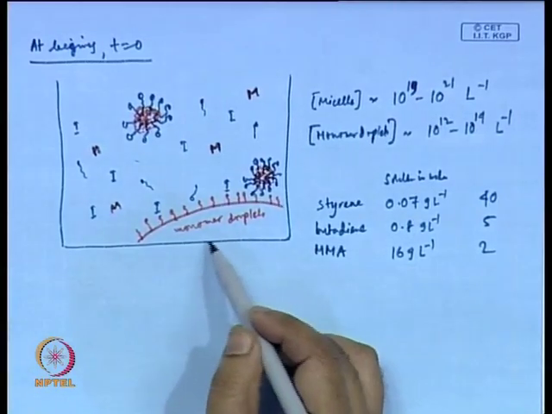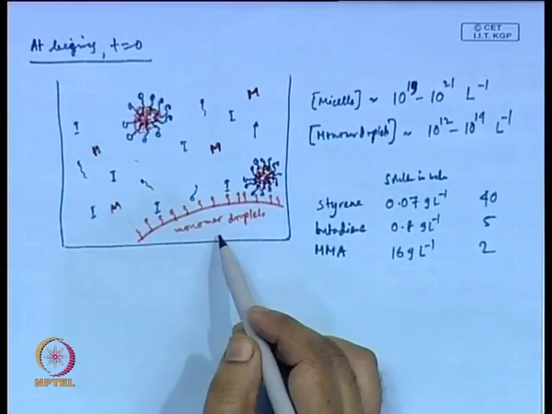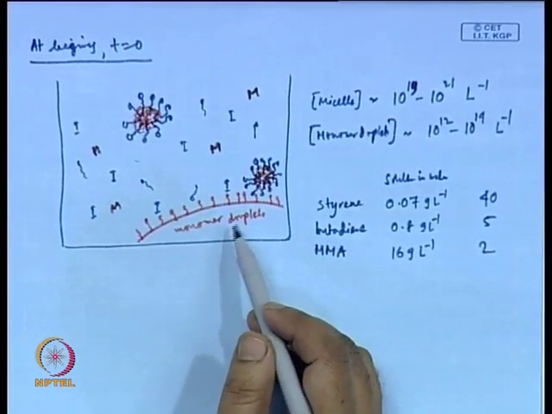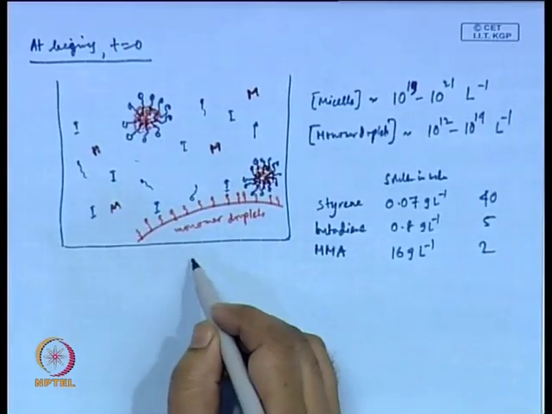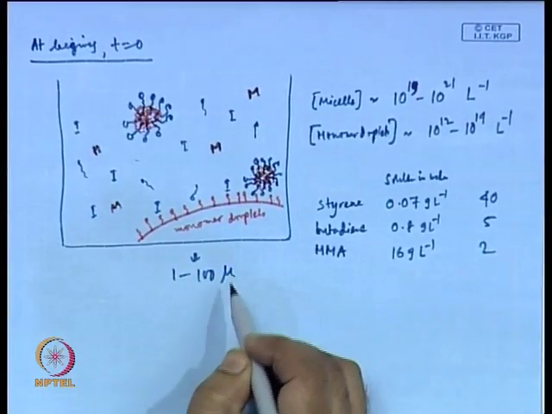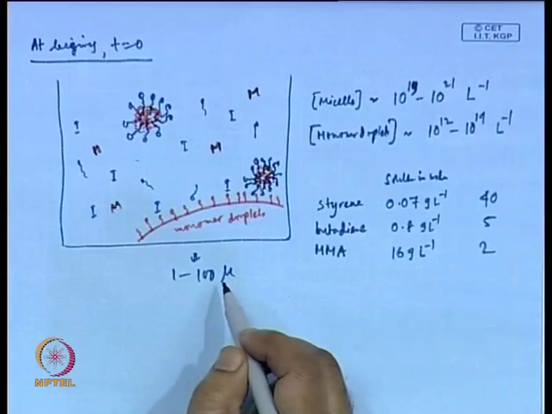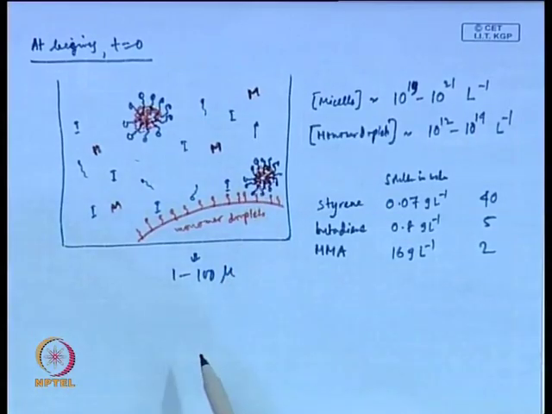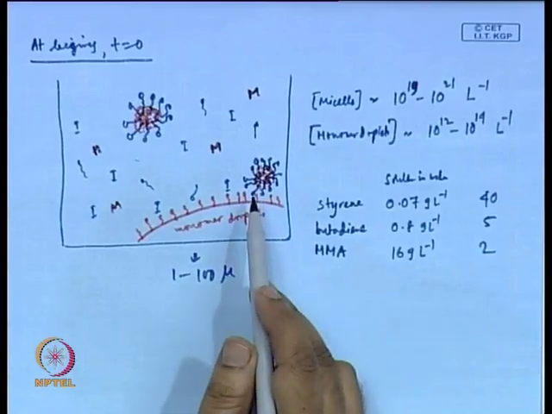So, as I said, more than 95% of the monomer is present as large droplets. This droplet size is about 1 to 100 micron, which is quite large compared to the size of the surfactant micelle.